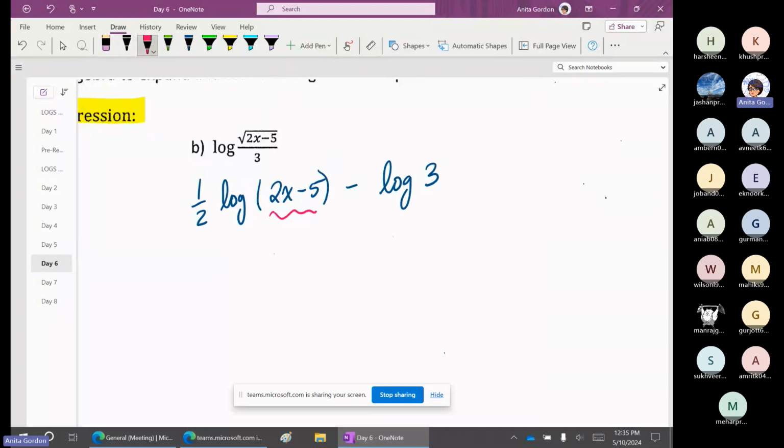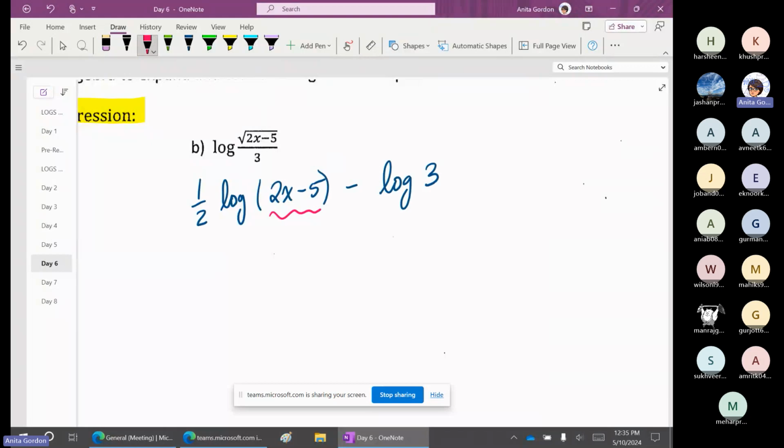Okay, can I break this up? Can I break the inside of the first term up? Why don't you think so? It is one term. And I can only split up things that are products and quotients. This is a difference. This is not a quotient. I cannot break this up.